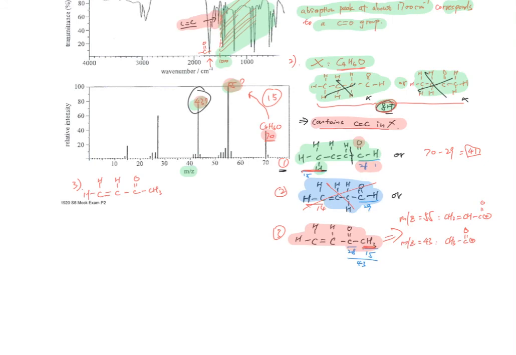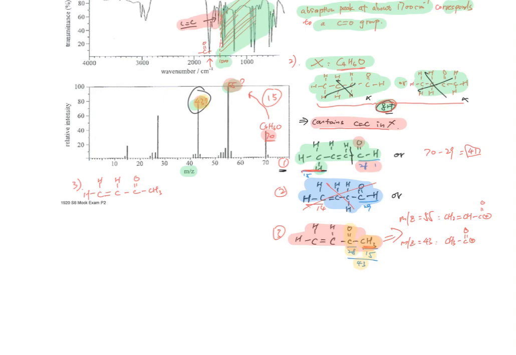So you can also check structure number 3. We found that there is a CH3, which is 15, and the C=O is 28. So 28 plus 15 is 43. Oh, this is exactly 43.